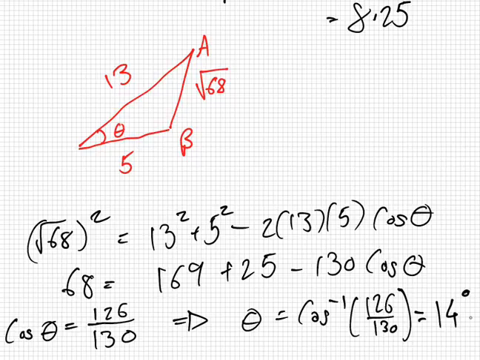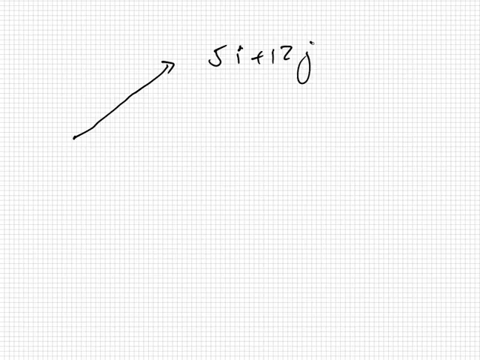I can scroll down now? Yeah. Okay, let's have a look at another type of problem. So here, I'm giving you this vector, 5i plus 12j, and I want to find the vector which points in the same direction, but is what's called a unit vector.